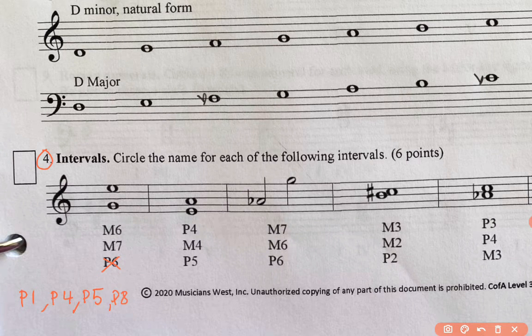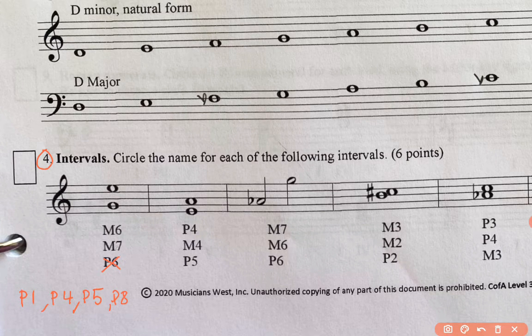That's it. Only those intervals can be perfect. The rest can be major or minor. If you go on with your theory studies, you would realize they can also be augmented or diminished, but we're going to talk about this a little bit later. So anyway, we eliminated perfect 6 because such a thing doesn't exist.